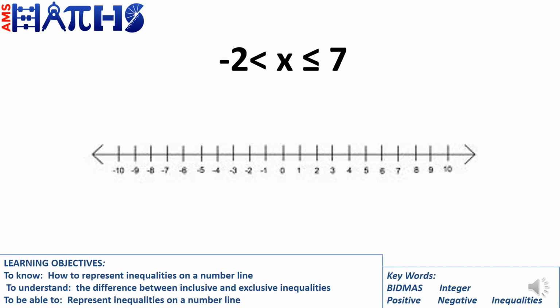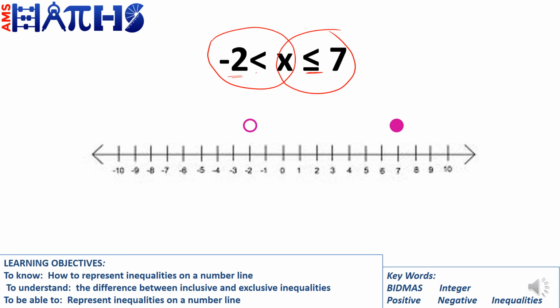Here we have another problem where we have x needs to be bigger than minus 2, but it should also be less than or equal to 7. So our 7 is our reference, and because it said or equal to, we need to shade that one in. And our minus 2 is also another reference, so we have it above minus 2. We do not shade it in because it does not say or equal to on this part.